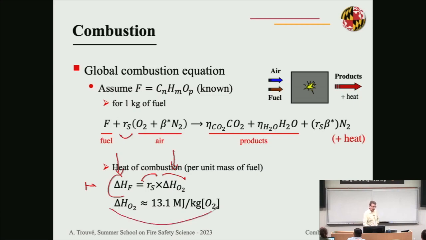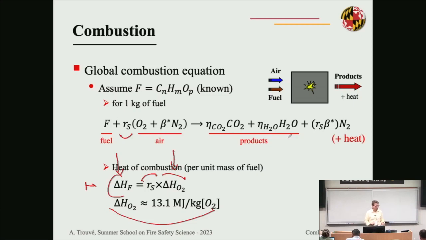And it turns out that in the literature, you can find that a good estimate of the heat of combustion per unit mass of oxygen, independent of what you burn, roughly speaking, is on the order of 13 megajoule per kilogram. So you can use this equation for cellulose, for example, to find the different coefficients that you need, in particular R sub S, and you're going to find that the heat of combustion is on the order of 16 megajoule per kilogram, which is a representative number for the combustion of many biomass fuels.